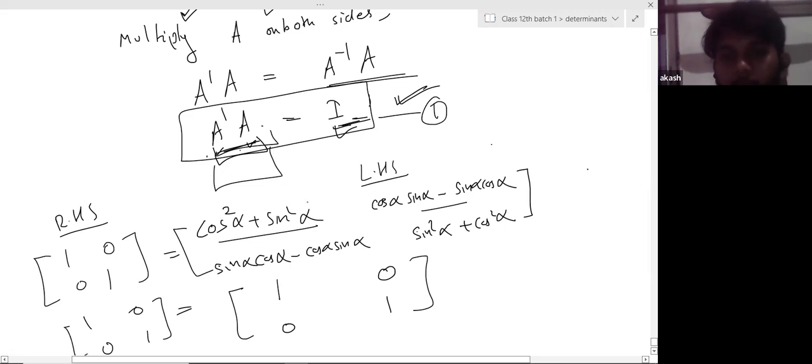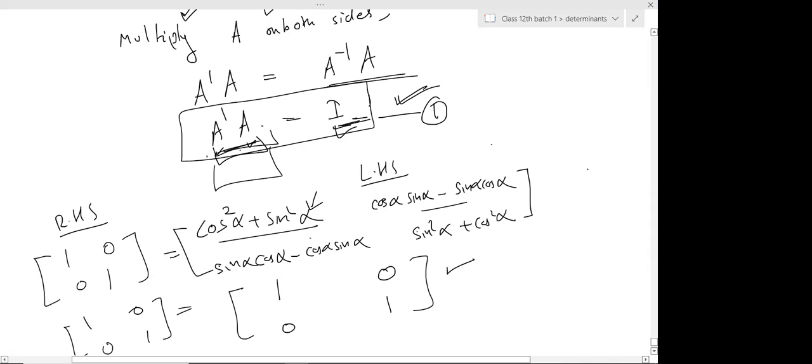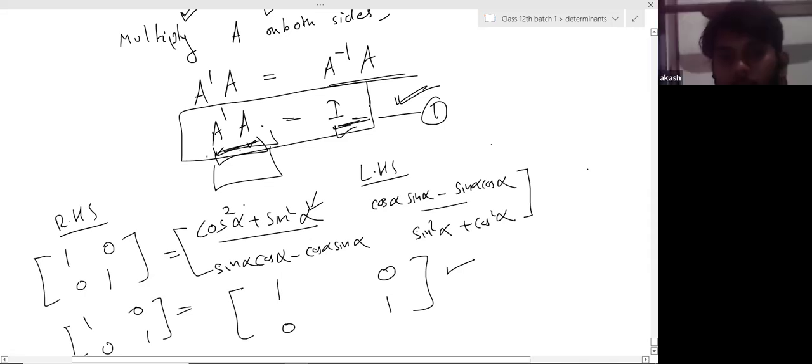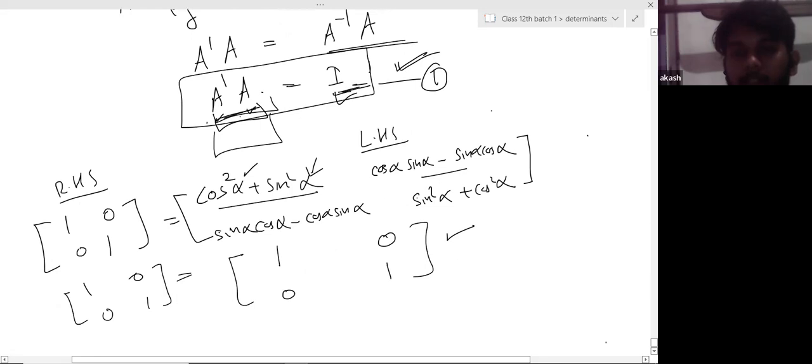That means no matter what you put instead of alpha, you always get the identity matrix. This means the solution for alpha here is all real values.